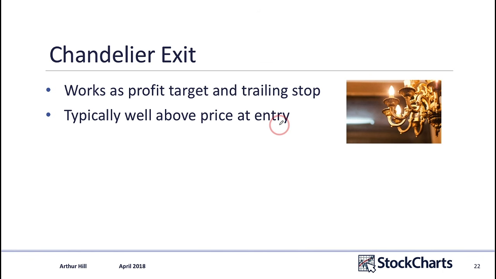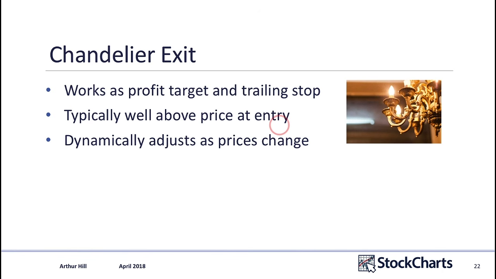Well, bear with me, because typically when you enter a mean reversion trade, when RSI is coming out of an oversold condition, the Chandelier Exit is above the entry price. So that means prices have to move higher in order to even start thinking about some sort of an exit. And also, the Chandelier Exit dynamically adjusts as prices change.